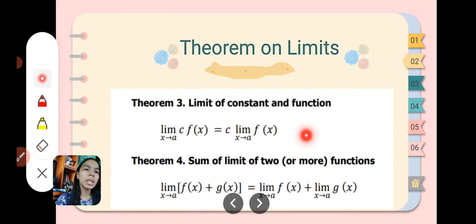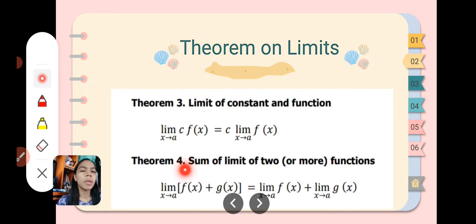So it is a combination of a constant and a function. The limit of c times f of x as x approaches a is equal to c times the limit of f of x as x approaches a. So we separate the constant from the function given.